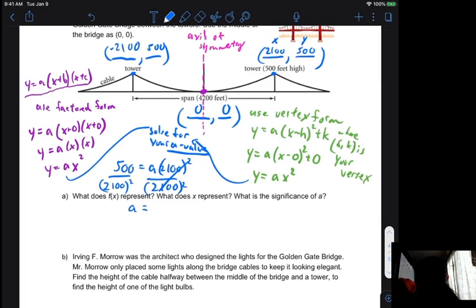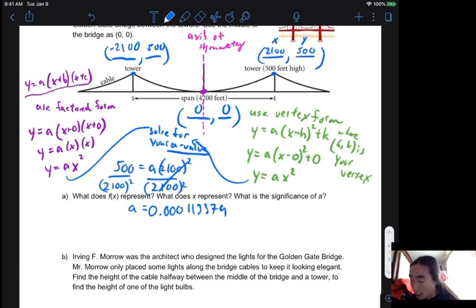You get an a value that's equal to 500 divided by 2100 squared. And this small thing, 0.00113379 if we wanted to be precise. So then we have our equation. It's y equals 0.00113379 x squared.